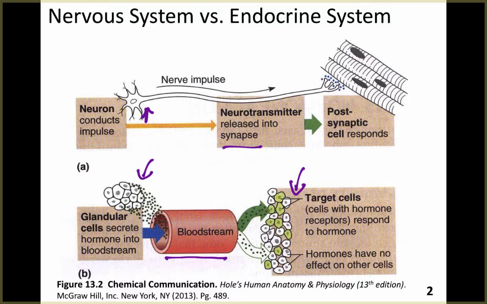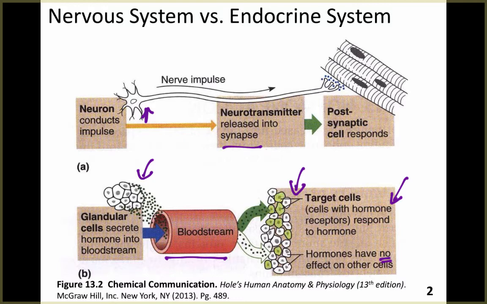If the cells don't have the actual hormone receptor on it, there won't be any effect on them. So essentially, the endocrine system and the nervous system have some similarities in that they both transmit signals to target cells. Okay. Like I said, the endocrine system is different because instead of using neurotransmitters, they use hormones.